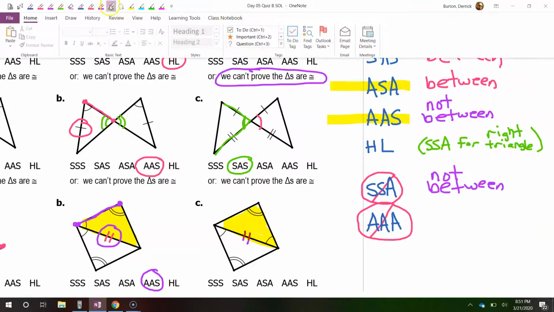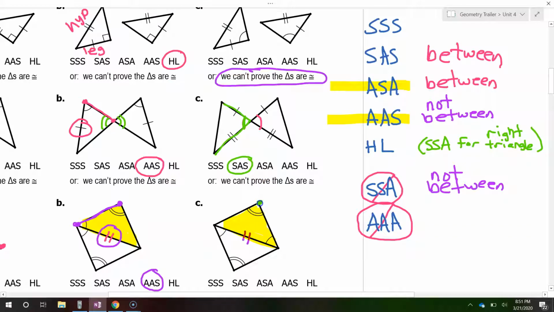So look at it. I have one angle here and I have another angle marked here. If I connect these dots, it shows me that this is the side between those two angles. But that is different than the side that they gave us. So this side is not between the angles, which makes this angle, angle, side.